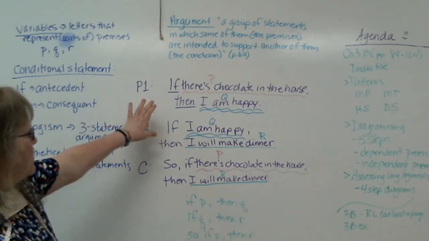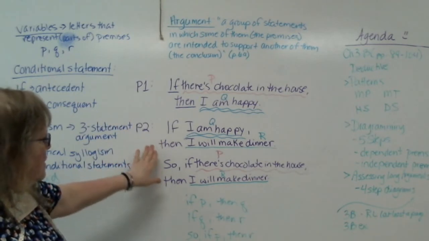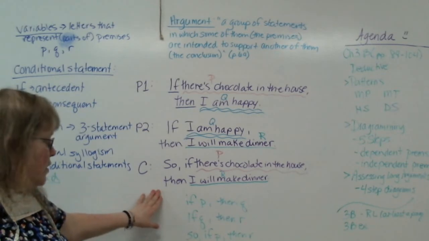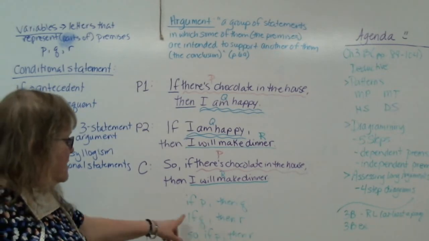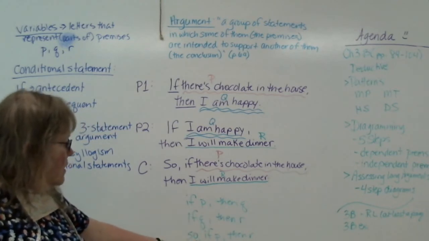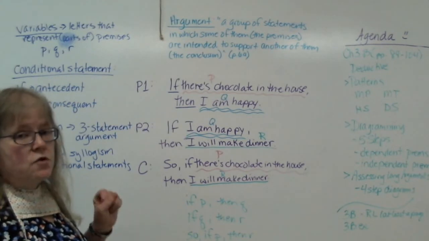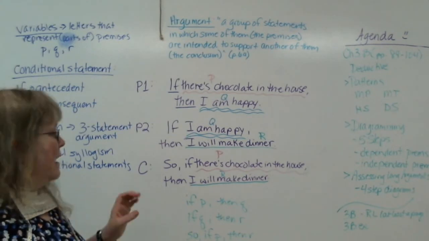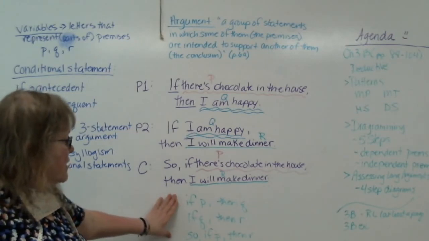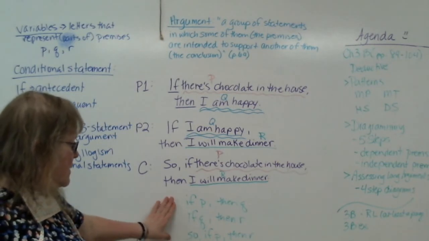If I go through my premises, okay, this one's true, this one's true, so my conclusion must be true, right? It's a deductive argument. So if somebody messes up this order, or if they use the same conditional twice, they make a mess with it. So always look for this particular structure. Okay, if P then Q, if Q then R, so if P then R.